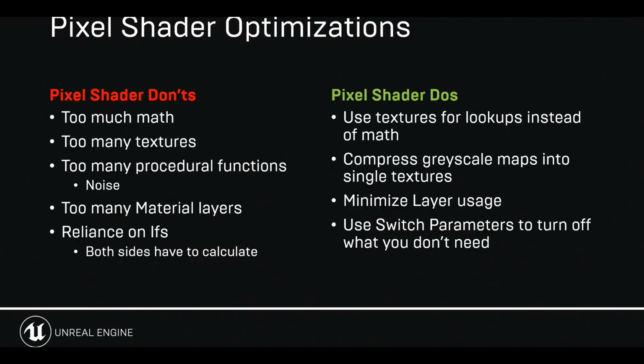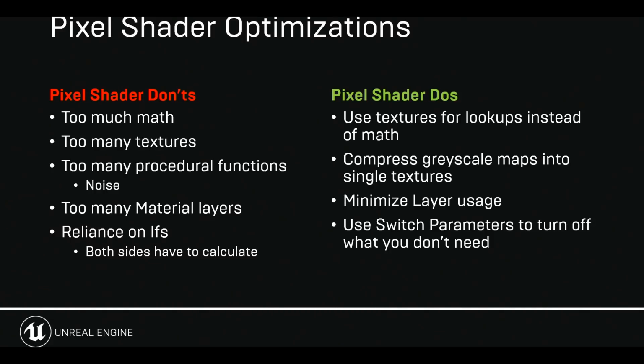Too many material layers is another common one. If you've played with them, a material layer is a way to specify a type of material, something like fabric or skin or denim or leather or steel, and then you can layer those all together to make whatever your final thing is. We use this all over the place in Paragon for characters that have a bit of armor and whatnot.